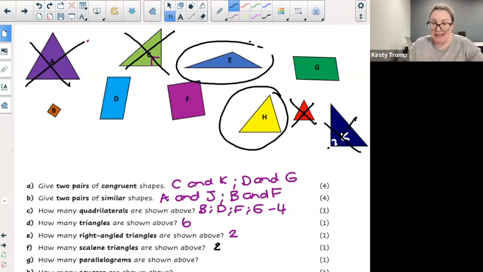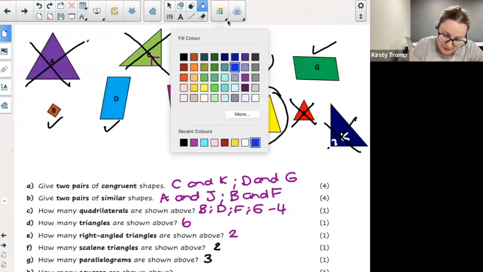How many parallelograms do we see above? Remember parallelograms have opposite pairs of sides that are equal. I can definitely see 1, 2, 3 parallelograms, because remember a square is also a, oh, hold on, I'm lying to you, 4 parallelograms.